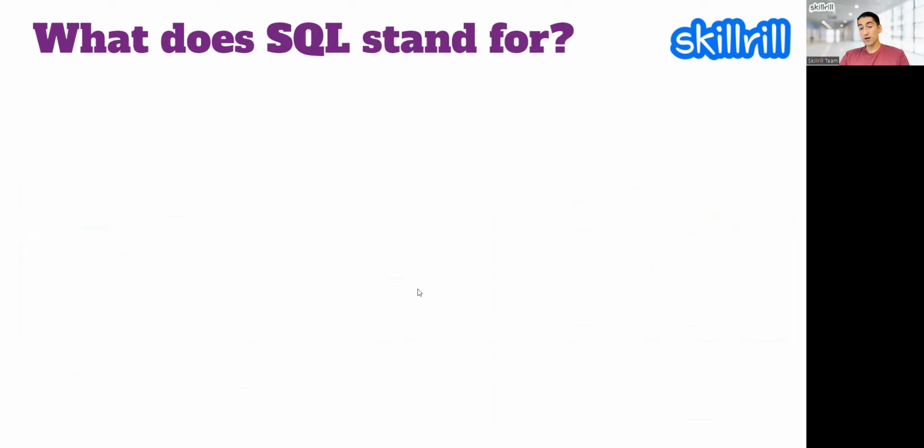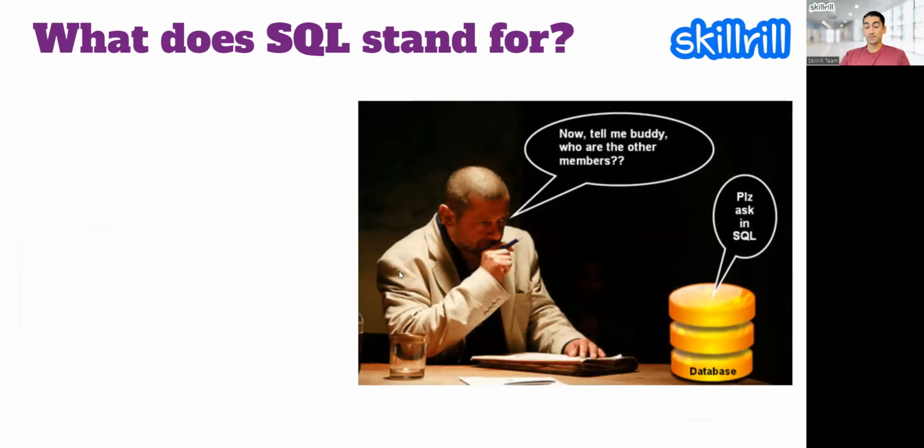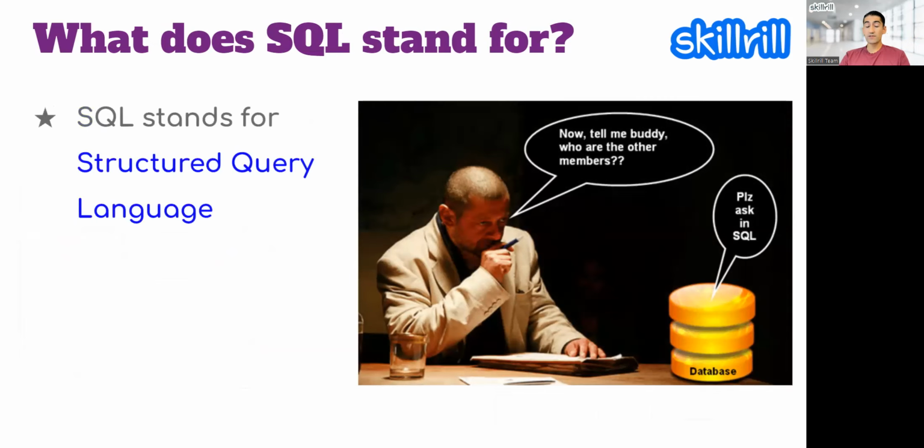Each of these letters means something. So SQL stands for Structured Query Language. Let's pay attention. It's a query language. It's not a programming language. It's a query language. Okay.